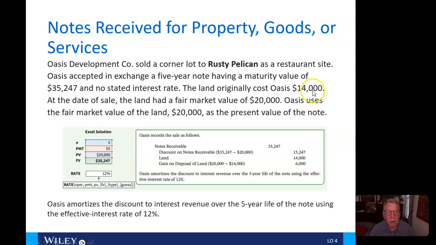The land is going to be valued here at $14,000, and the gain on disposal of land, the difference between $14,000 and $20,000, is going to be $6,000. So Oasis is going to amortize the discount to interest revenue over the 5-year life of the note using the effective interest rate of 12%.